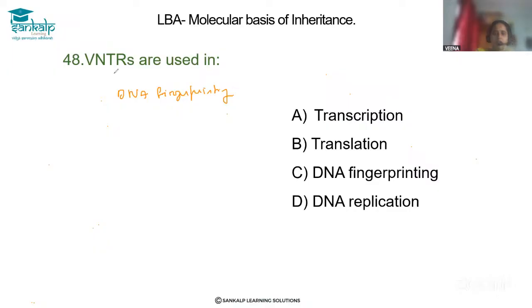By using this uniqueness in every human being, DNA fingerprinting is useful. So here, variable number of tandem repeats.